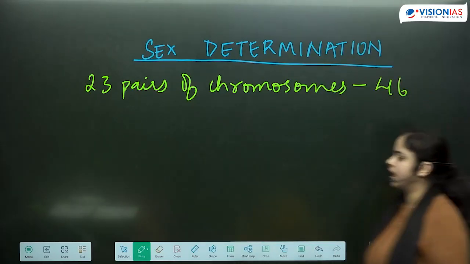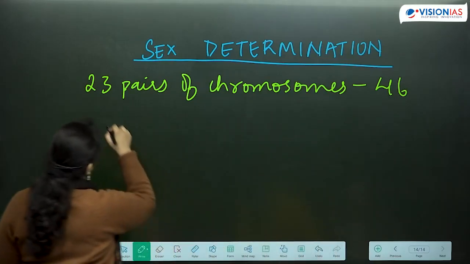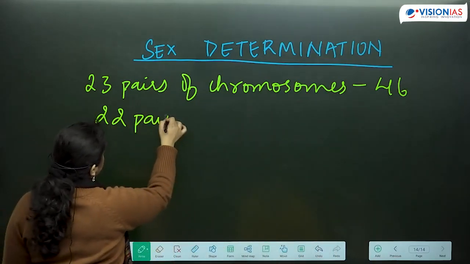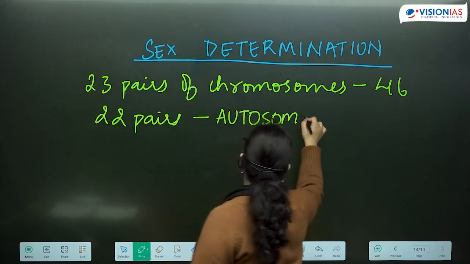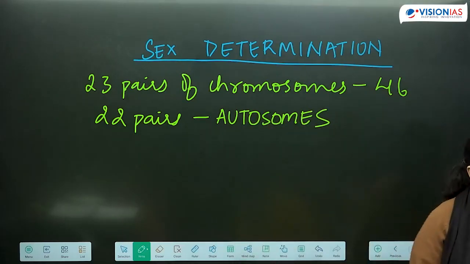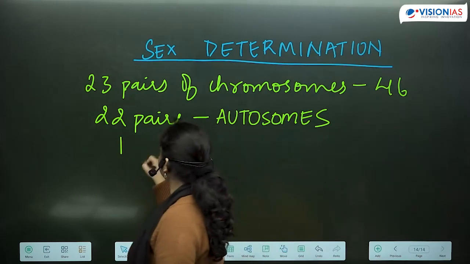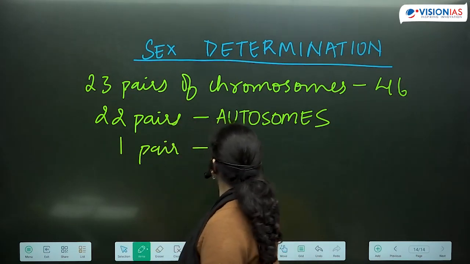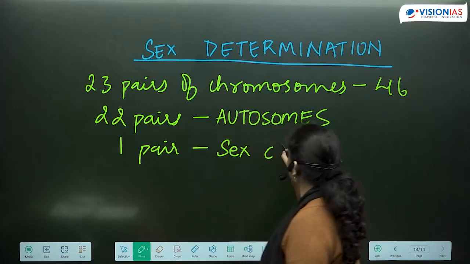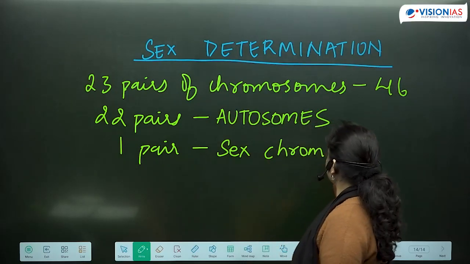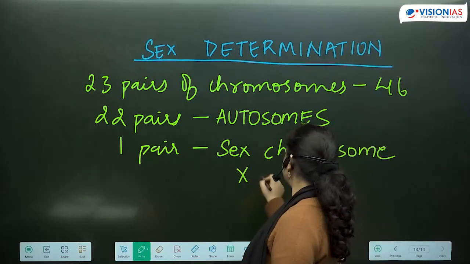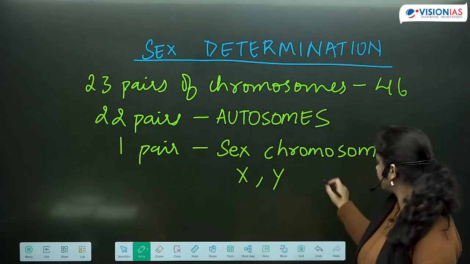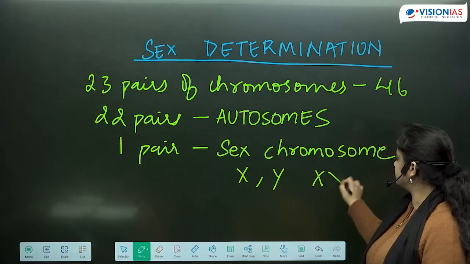Out of these 23 pairs, 22 pairs are called autosomes. And there is one pair which is called the pair of sex chromosomes. In this, we have two sex chromosomes, X and Y, and the combination decides the sex.